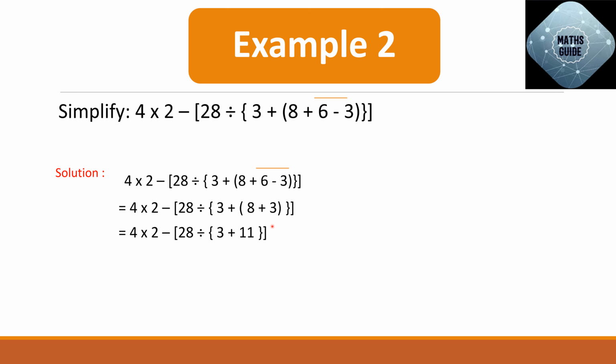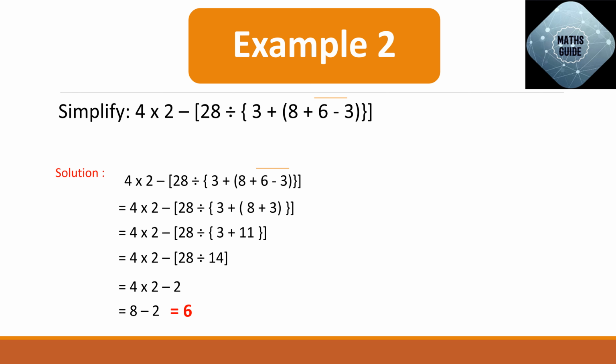Now this parenthesis has been removed. Now we have this curly bracket or braces, and after solving braces we will get 14. 3 plus 11 is 14. Now in this square bracket we have division symbol. When we divide 28 by 14 we get 2. Now we have two mathematical symbols, multiplication and subtraction, and we will multiply first according to BODMAS rule. So we get 8 minus 2 and our answer is 6.